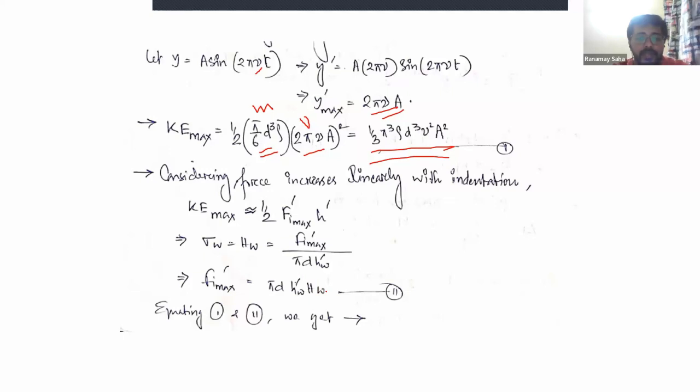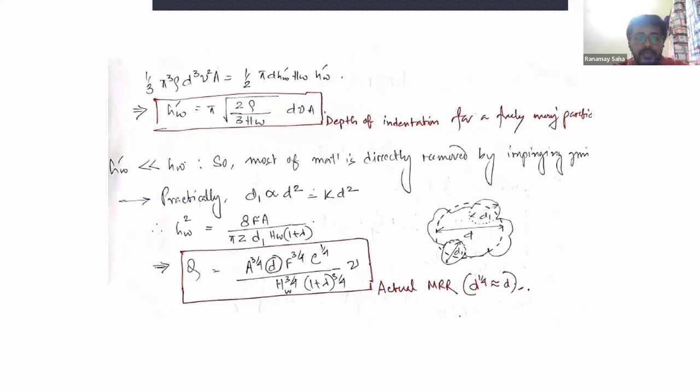So using that value in this expression for maximum kinetic energy, we finally find the indentation depth as pi times root over twice density by twice hardness multiplied by diameter of the particles with its frequency and the amplitude. So this is the depth of indentation for a freely moving particle in the case of reversing.